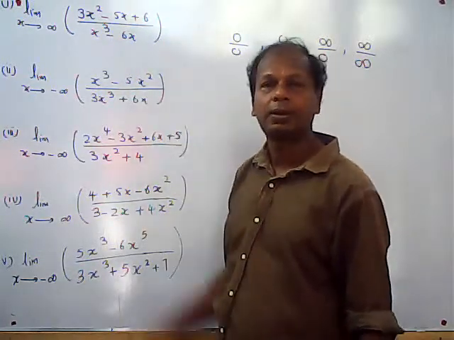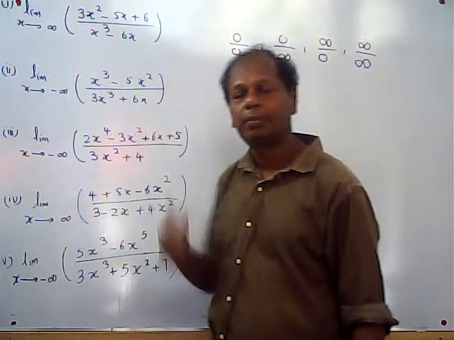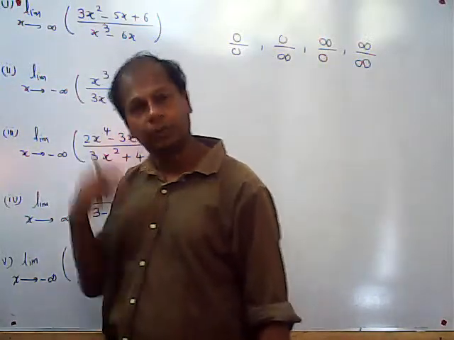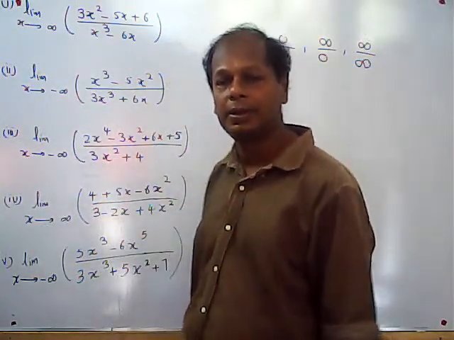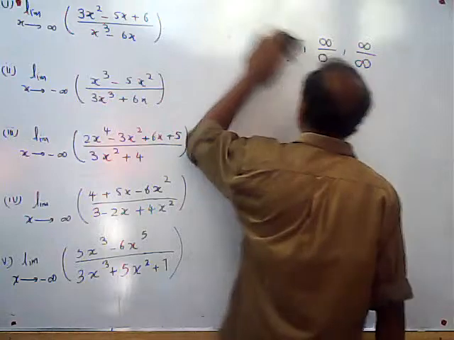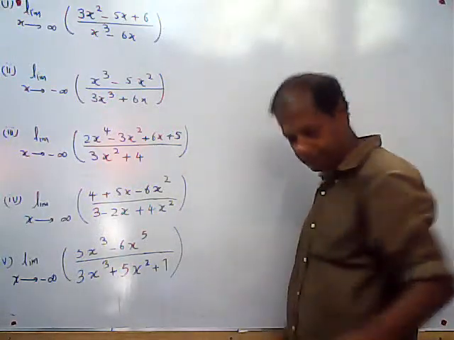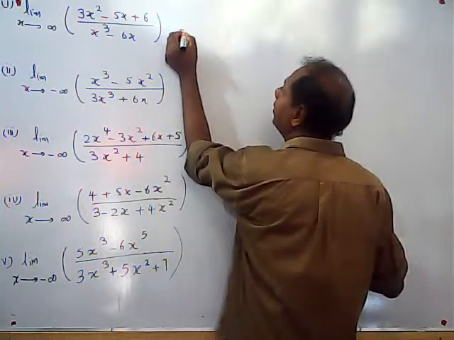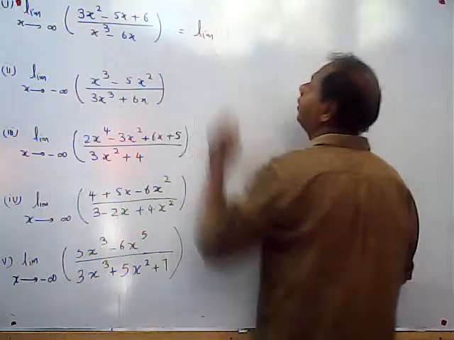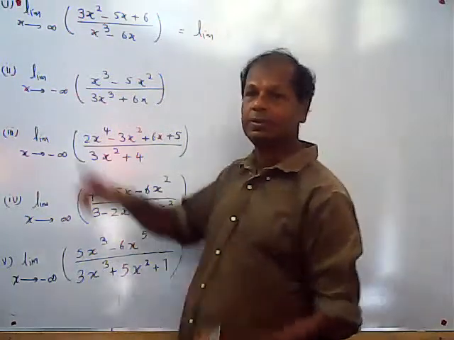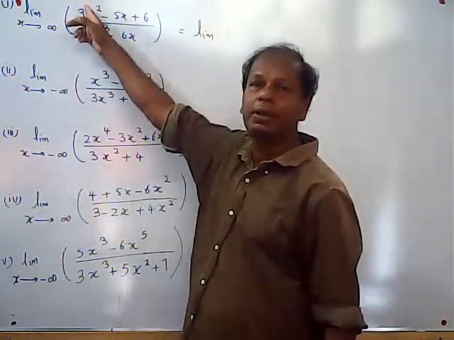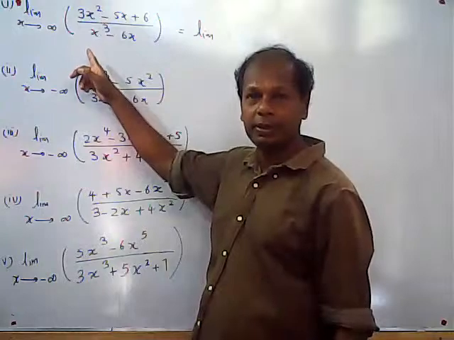So there is no meaning, right? But our method to avoid that and to find the exact limit is to consider only the highest power terms in both the numerator and the denominator, right?